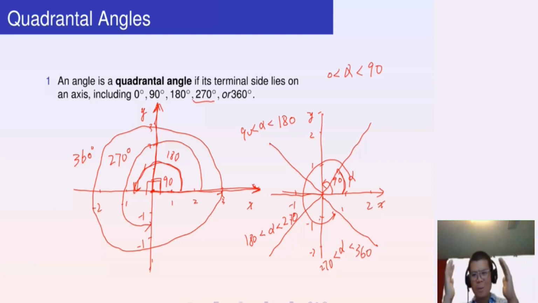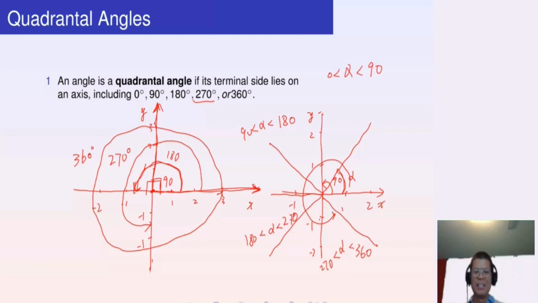So you need to know this. Given an angle, you need to know roughly where it's located, right? If it is between 0 and 90, first quadrant. If it is between 90 and 180, second quadrant. If it is between 180 and 270, then it's the third quadrant, the opposite of the first in that location.